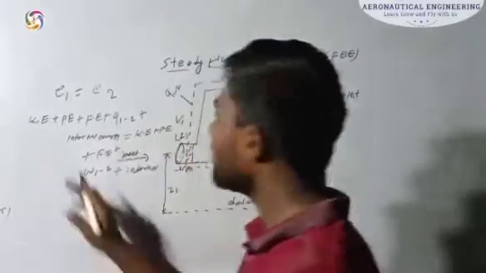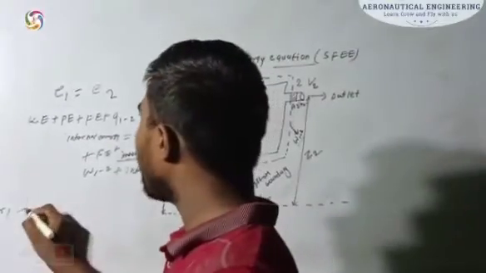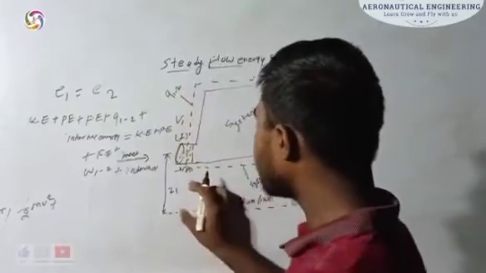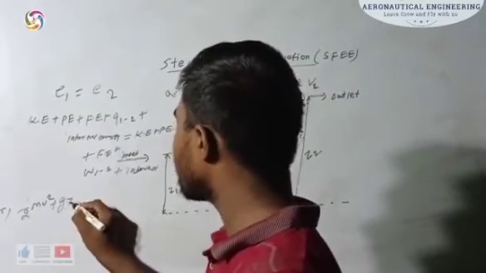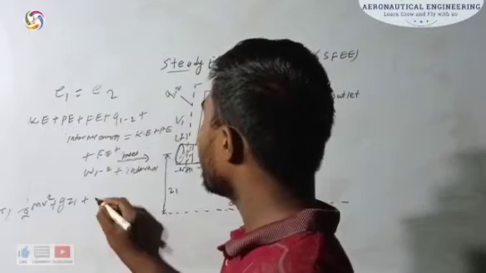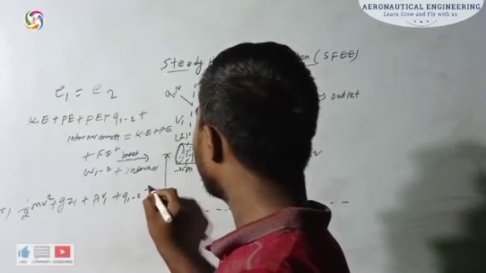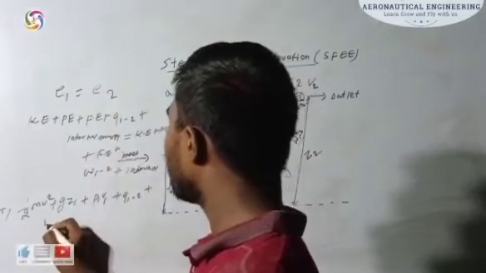We know that kinetic energy equals 1 by 2 m v1 square, plus potential energy is m g z1, plus flow energy is p1 v1, plus Q12, plus internal energy equal to u1.